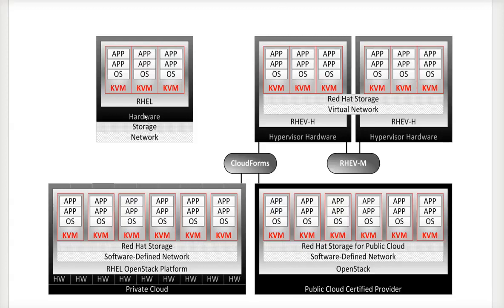There is your hardware, storage, network. You configure the Red Hat Enterprise Linux OS. Then there are 3 VMs, KVM, virtual machine, OS. There is app server. Hypervisor hardware, RHEL.